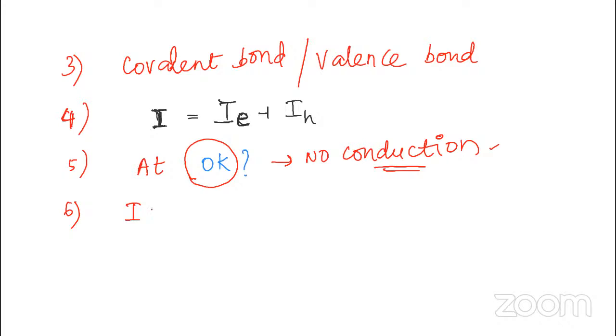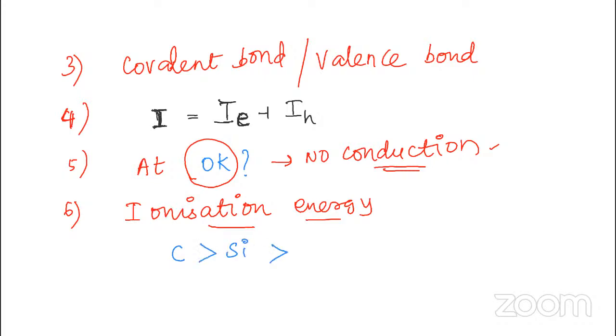Take elements of the same group, for example carbon, silicon and germanium, which are in the same group.